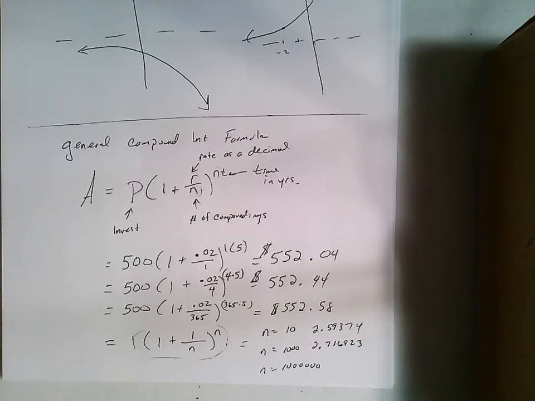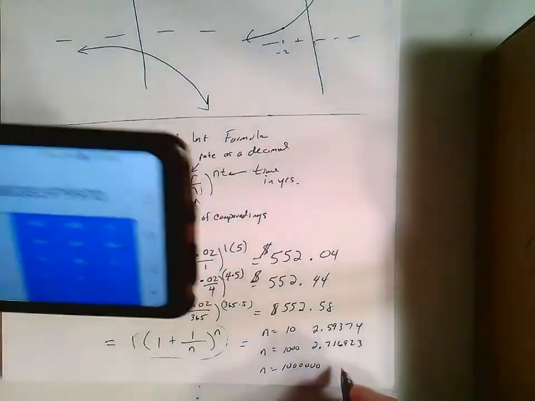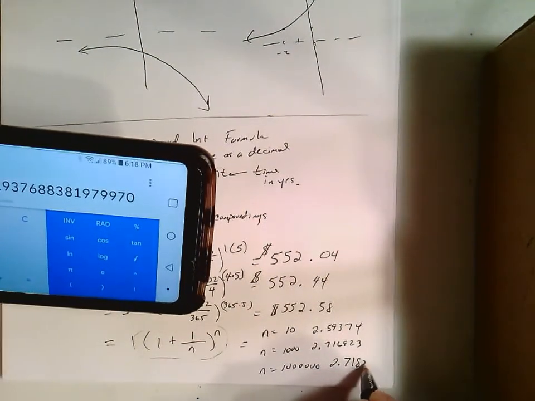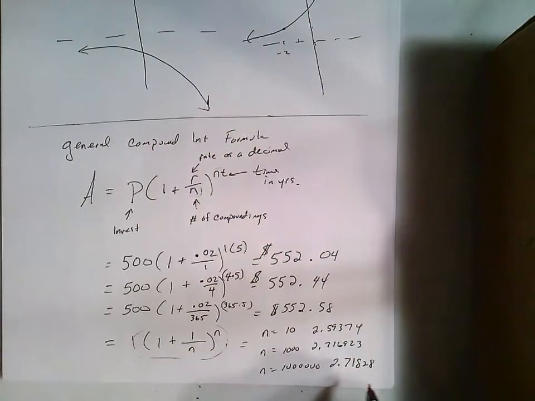Now let's put in 1,000,000. So we have 1 plus 1 divided by 1,000,000, to the 1,000,000 power. And we get 2.71828. Interesting.